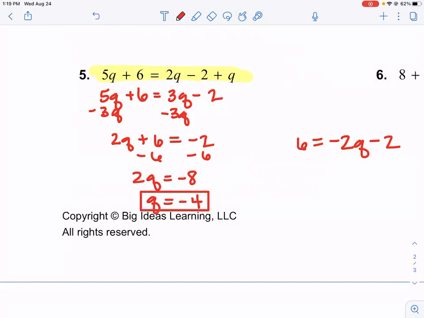If you instead subtracted the 5Q, then you would add 2 to both sides, and you would have 8 equals negative 2Q, and still Q equals negative 4. Okay, so look at this work right here.